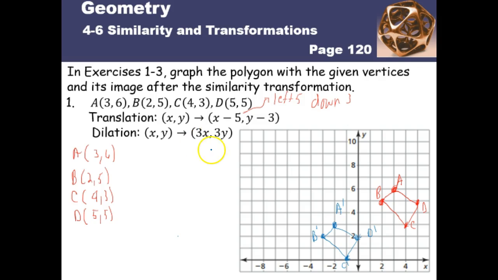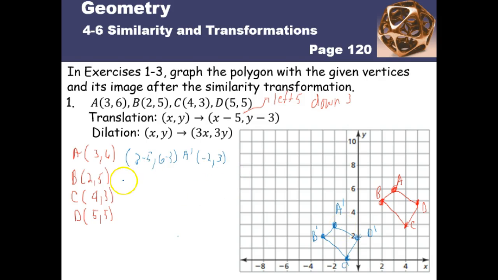Okay, now if I follow the translation, remember I'm replacing x with 3 and y with 6. So right here I get 3 minus 5 and 6 minus 3. So A prime should be (-2, 3). So let's see if it is. A prime is (-2, 3). It is.